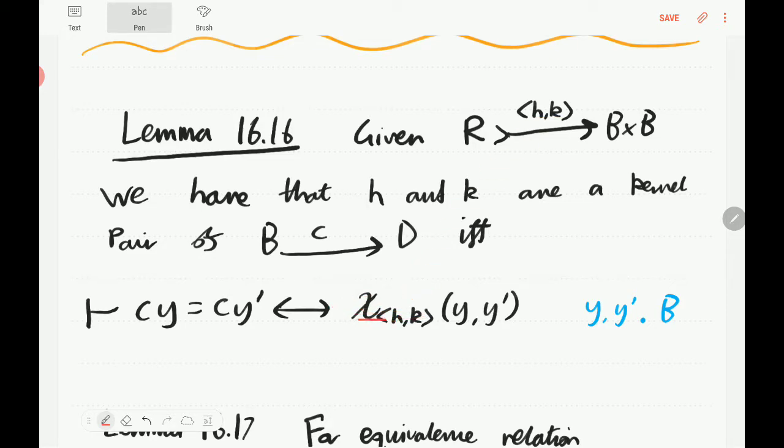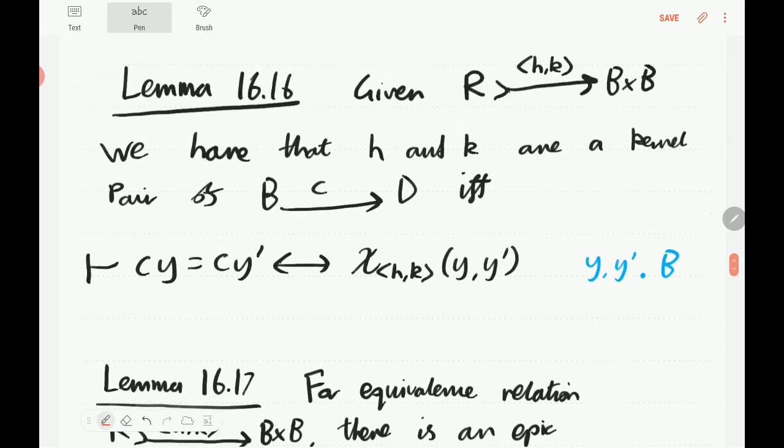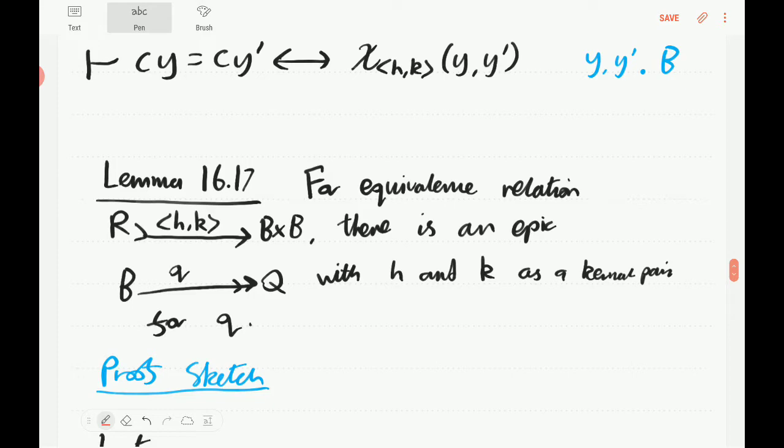So chi of ⟨H, K⟩ of ⟨y, y'⟩ is true, which I think is fairly self-explanatory. It's just this idea of the kernel pair as this kind of relation, which is picking out the pairs of y's that have the same values when we do C on them.